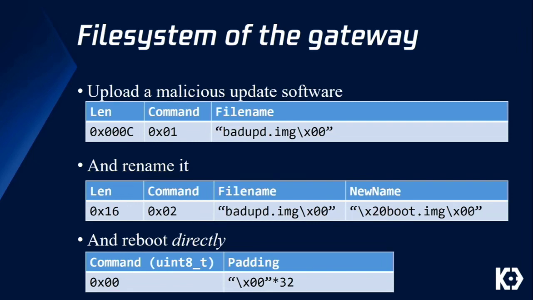We call it the bad update image. And then we rename it from bad update image to space, here a leading space, and boot image. And here, the FatFs implementation of the gateway will rename it to boot image. So now you have a boot image on your SD card. And then reboot. And after reboot, your boot image gets executed.